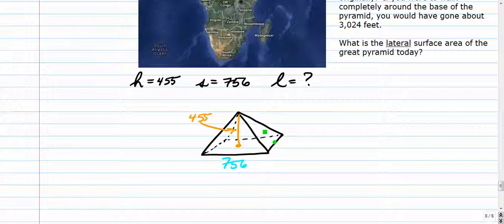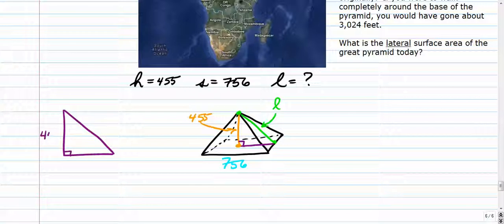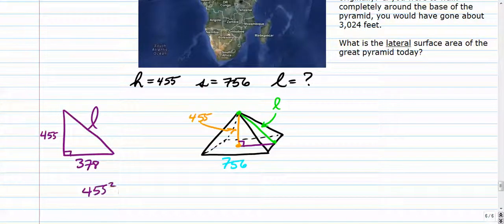The slant height goes from here to the top of our pyramid, the apex. So again, hopefully you can see that there's a nice right triangle being formed here. So I want to pull that out and figure it out. It's 455, L, and this purple distance is half of 756. Half of 756 is 378. So get those calculators out, Pythagorean theorem, and see what you come up with.